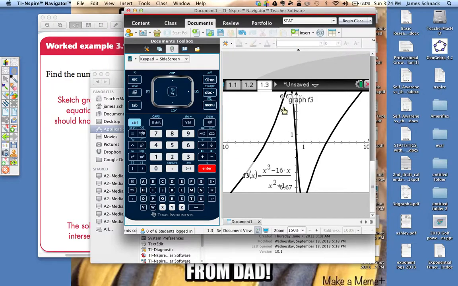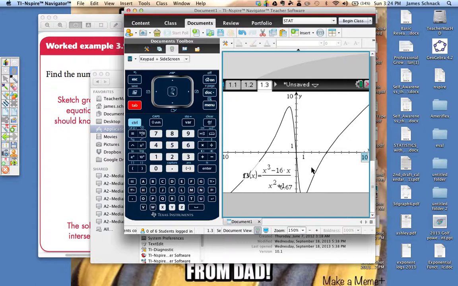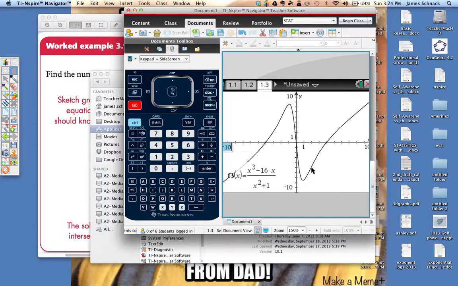Holy cow, look at this one. This one we have to change our viewing window. So I'm going to come up here, double click on the Y maximum. Let's go to 10, see what happens. Press tab, go on X maximum, we're okay. Y minimum, let's go negative 10. And there we go. We can see all the important bits and pieces now.